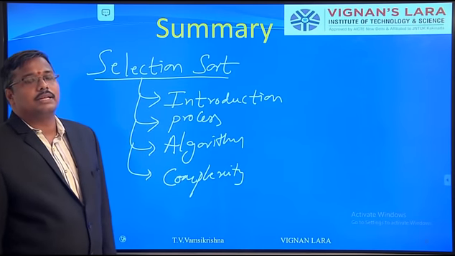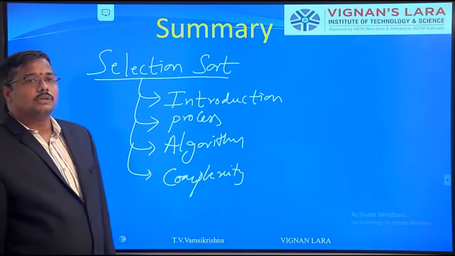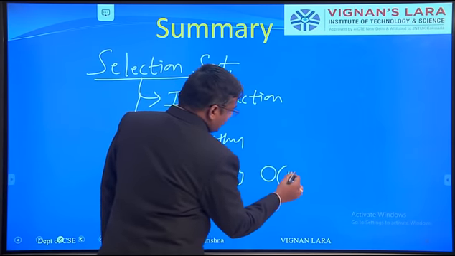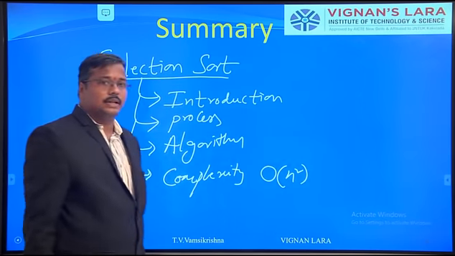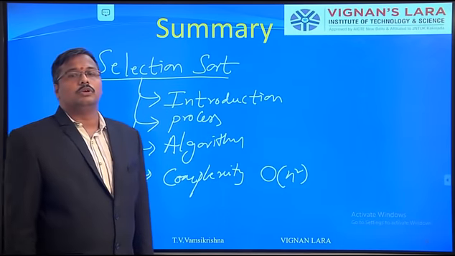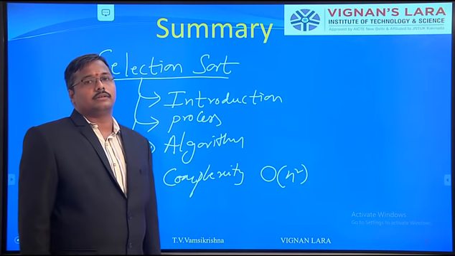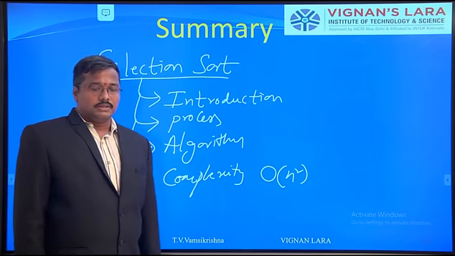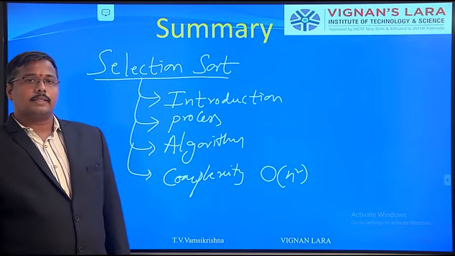In all respects, the selection sort time complexity is big O of n square. So this is the selection sort technique.